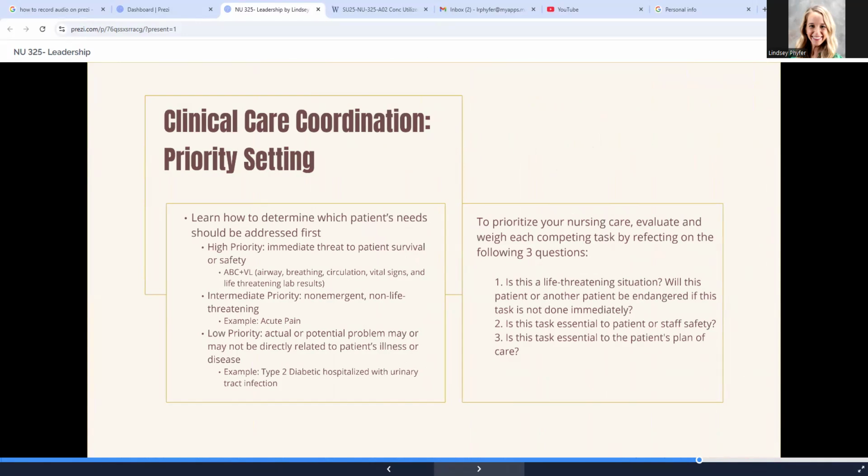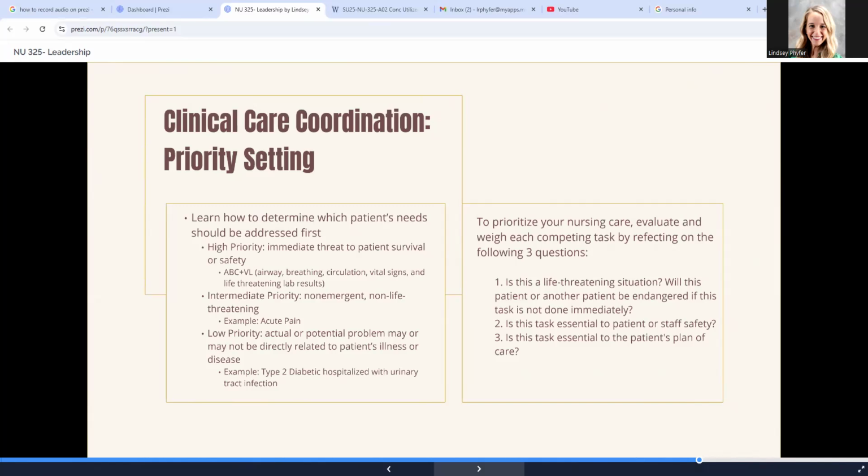Anything that interferes with someone's ABCVL, or with vital signs specifically, if there's a major change indicating that the patient may be declining, is a high priority need that automatically needs to be addressed. That's the first thing that we need to do. Then you have your intermediate priority.